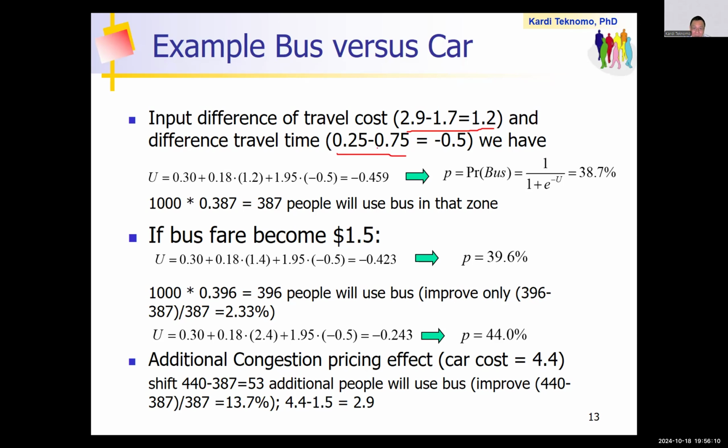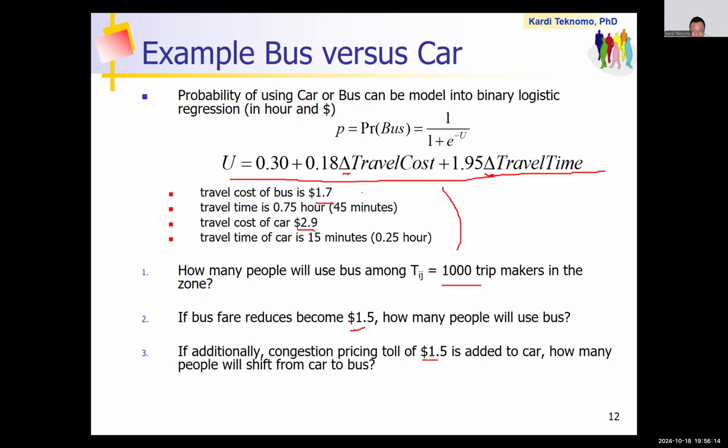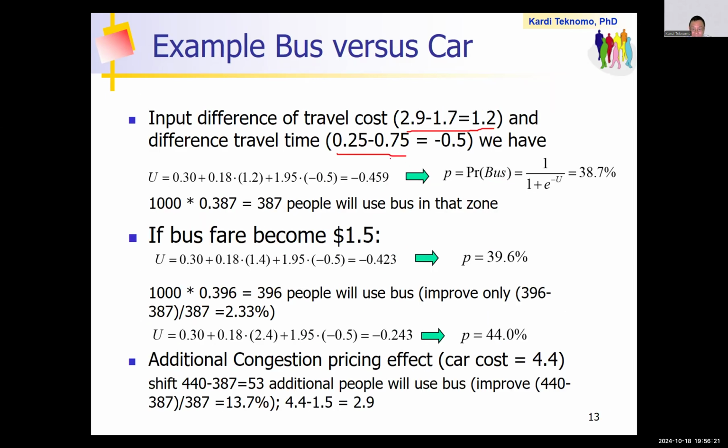And then the difference in travel time: here 2.25 hours, and this one is 75, so the difference is 0.5.